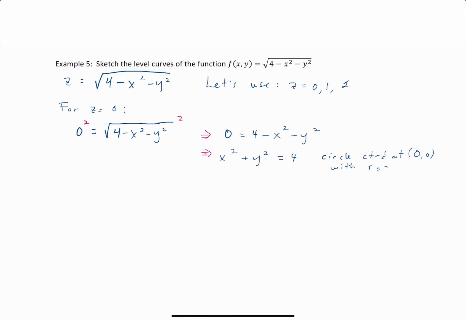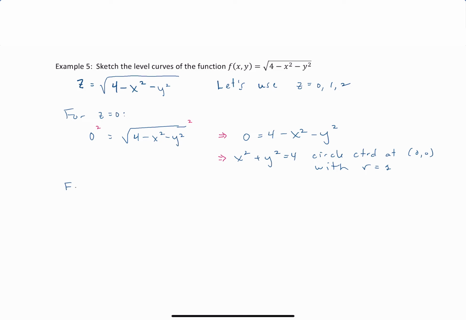For z equals 1, putting in a 1 for the height for z, we have 1 equals the square root of 4 minus x squared minus y squared. Again, let's square both sides to get a better handle on what that looks like. And if we do that, we have 1 equals 4 minus x squared minus y squared. And again, I'm going to add an x squared and a y squared to both sides, but additionally, I'm going to subtract 1 from both sides.